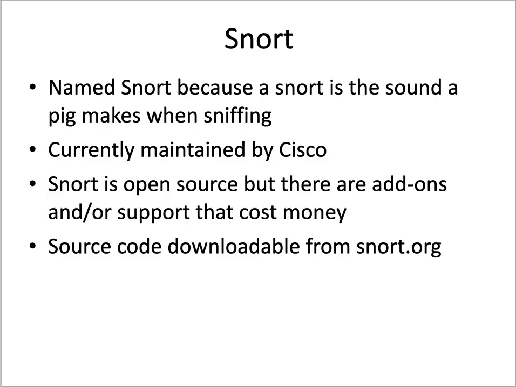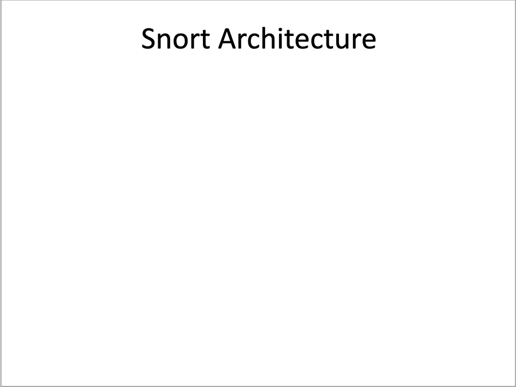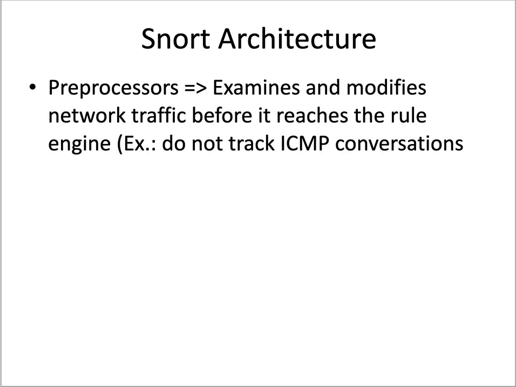The source code that I mentioned is downloadable from snort.org, and Snort currently runs on Unix and Linux machines and Windows machines. Now, the architecture of Snort is, first, it has preprocessors, and it examines the network traffic before it reaches the rule engine, which is the heart of Snort. And you can do things like, say, I want all the network traffic, but I don't care about ICMP conversations.